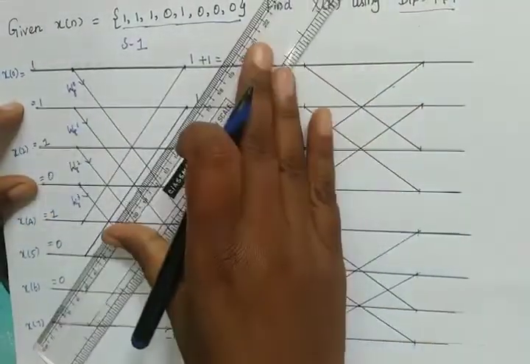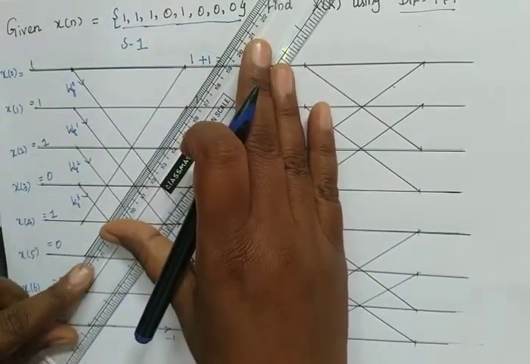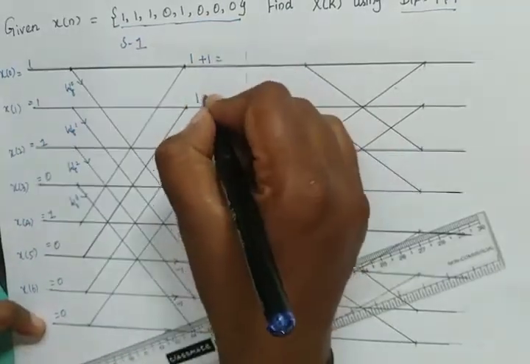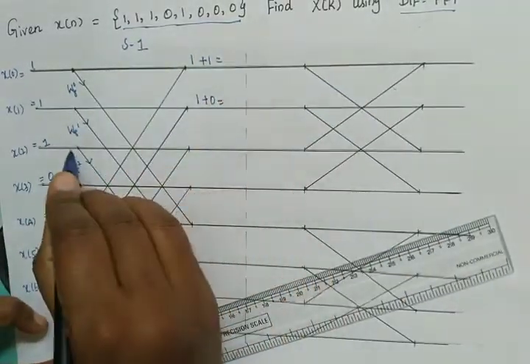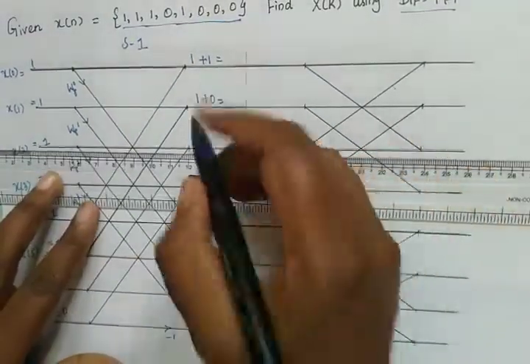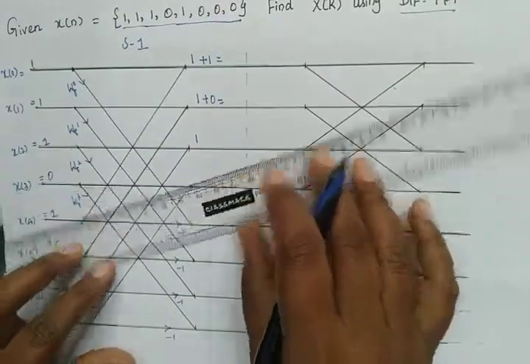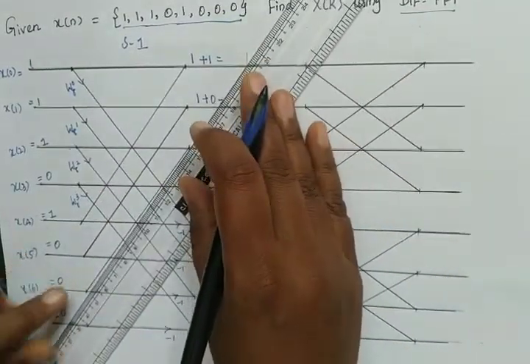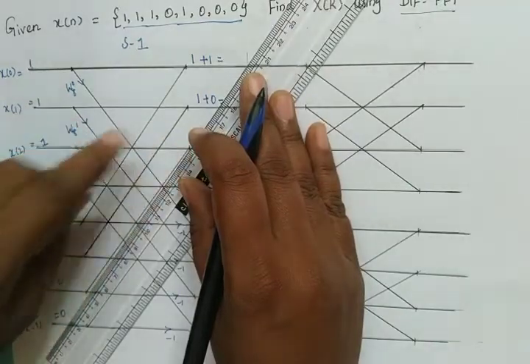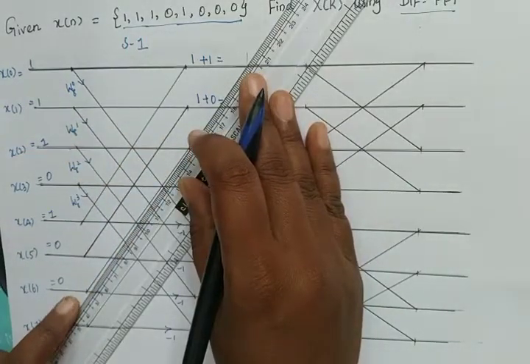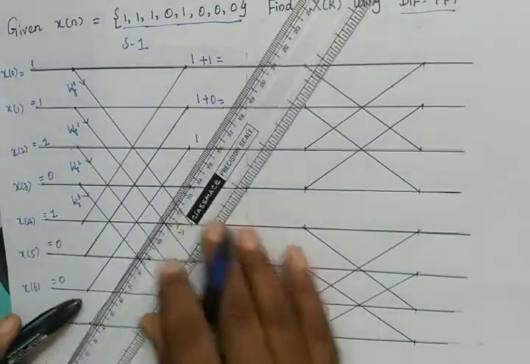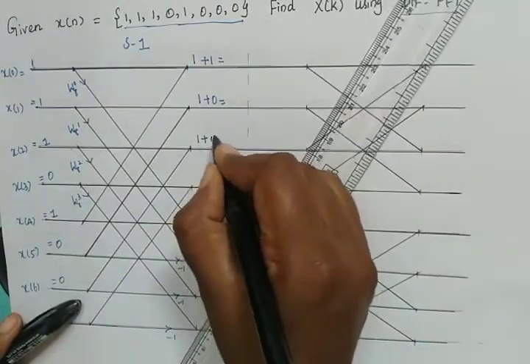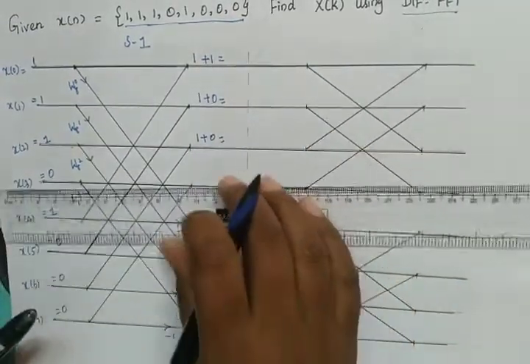And check this line. Here it is 0. So 1 plus 0. Now check this line. Here it is 1. Then check this line, that is 0. So 1 plus 0.